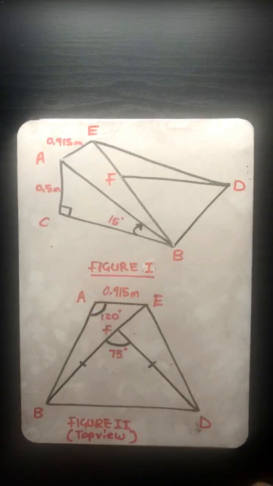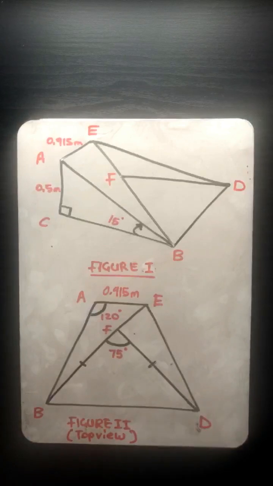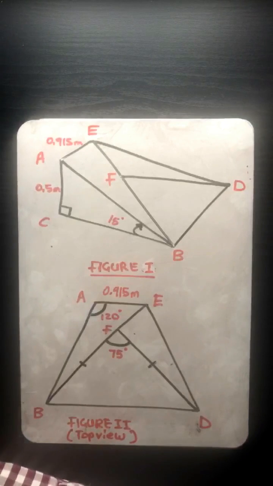So let's see. 8.1 says calculate the length of AB. I'm telling you guys, with this type of questions, they are actually trying to check if you've got the ability to notice a triangle that has enough information.